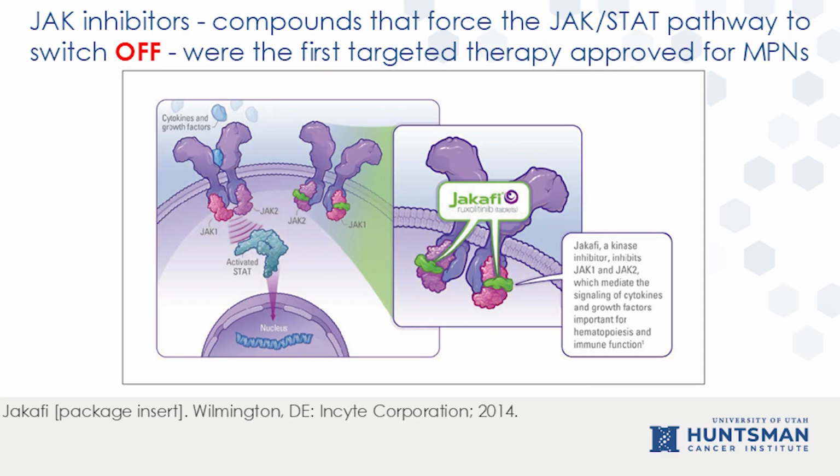The first JAK inhibitor, or the first targeted therapy that was approved for MPNs, was the JAK inhibitor ruxolitinib. Like I said, the way this works is it's a small compound that binds to the JAK protein, it's this green thing here, and it changes its conformation to be in an off position. So it can't turn on.